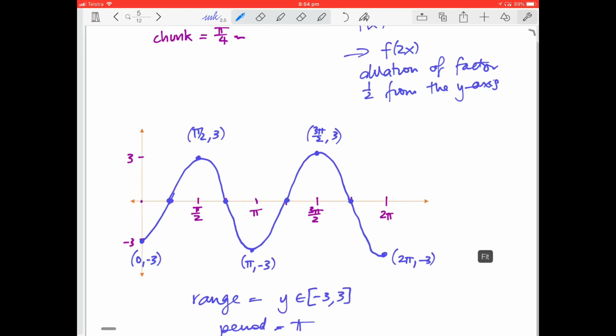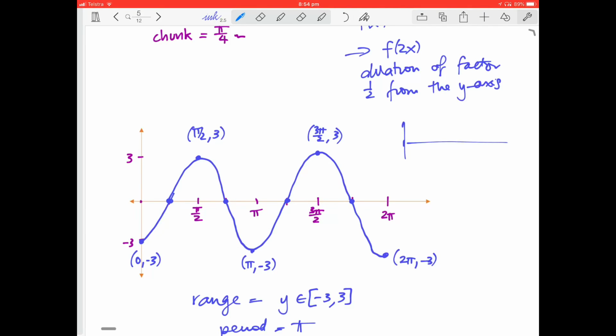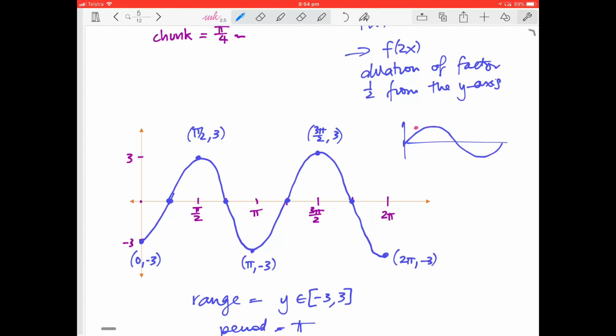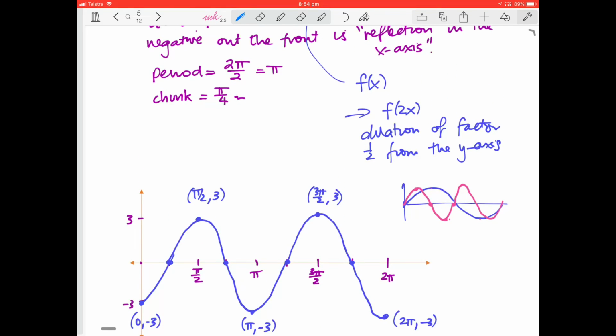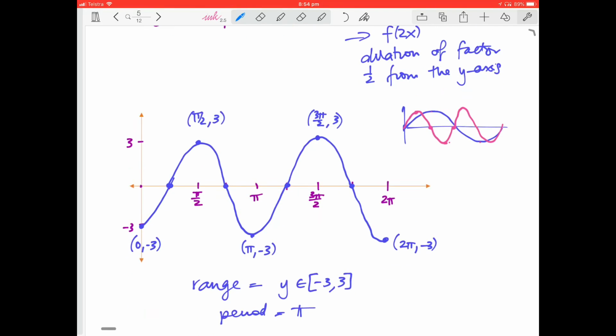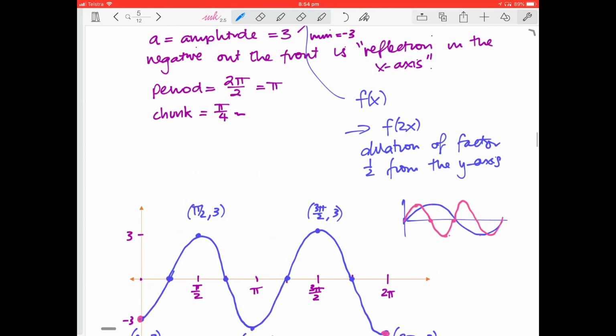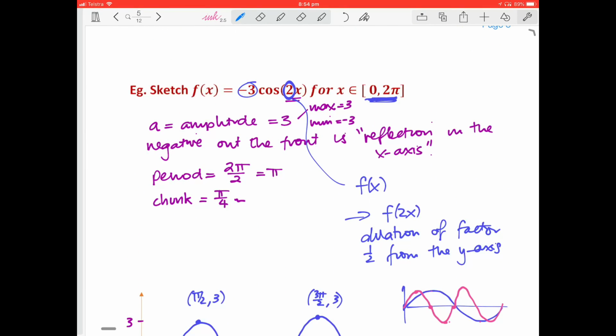So if you had a standard graph and you halve all of your values, dilated by a half from the y-axis, that value would come in, that value would come in, so it'd all be halved, and then we'd have exactly the same graph again. So that's why if there's a 2 out the front, it doubles the number of graphs, and between 0 and 2 pi we end up with 2 full cycles. So that's -3 cos 2x for 0 to 2 pi.